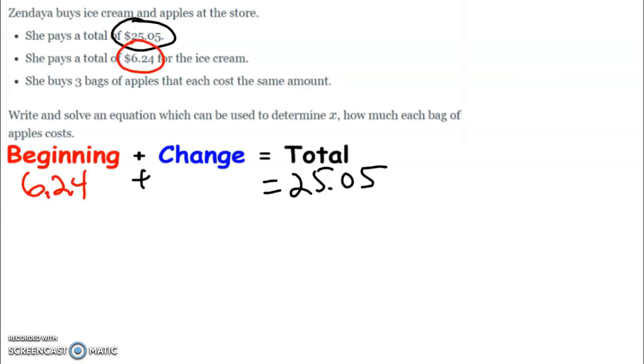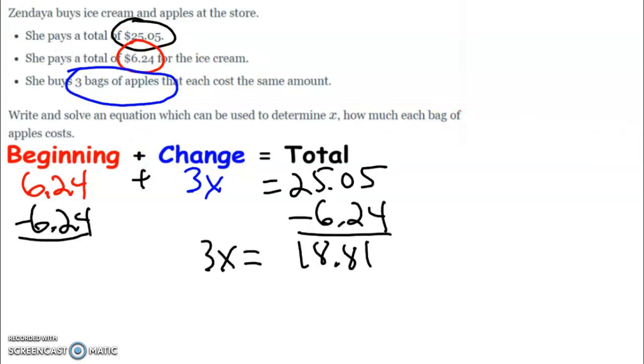So you've got $6.24, and then 3 times whatever number of apples you buy. Once you have that, you can go ahead and solve your equation. You're going to subtract on both sides, and then divide by 3. All right, let's take a look at another example.